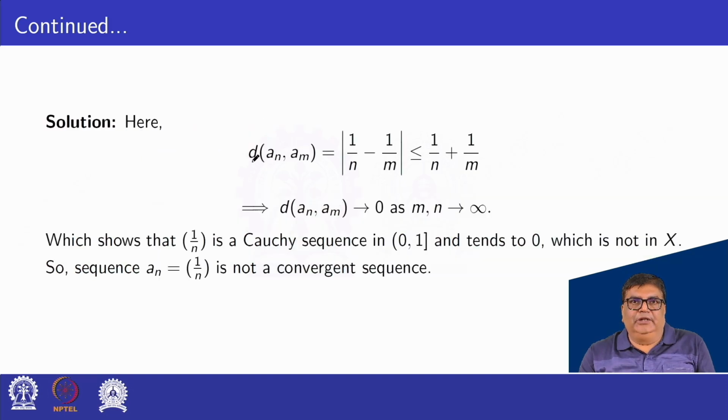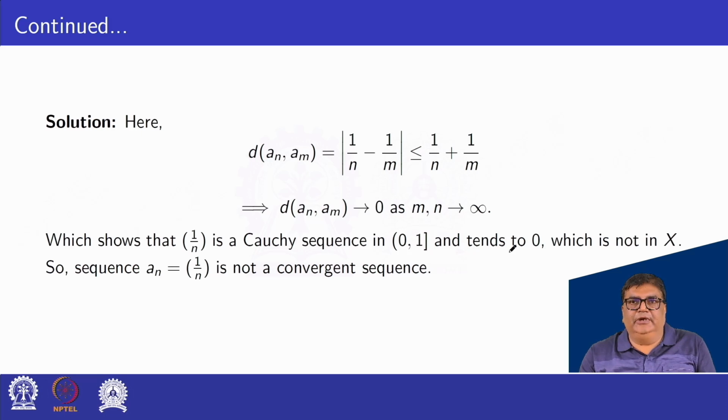So d(a_n, a_m) is the modulus of 1/n minus 1/m, which is less than or equal to 1/n + 1/m. As m and n tend to infinity, this total term tends to 0, which shows that 1/n is a Cauchy sequence in (0, 1]. Here, this is open at the 0 side and closed at the 1 side.